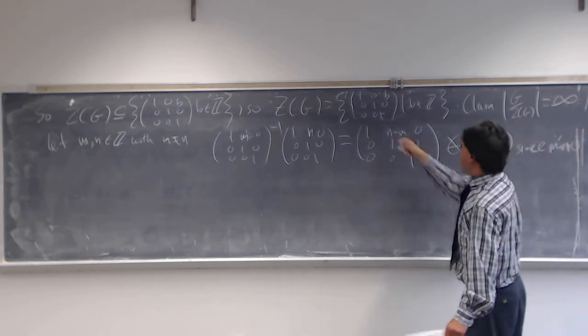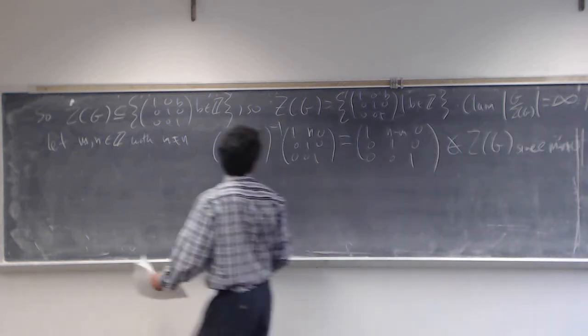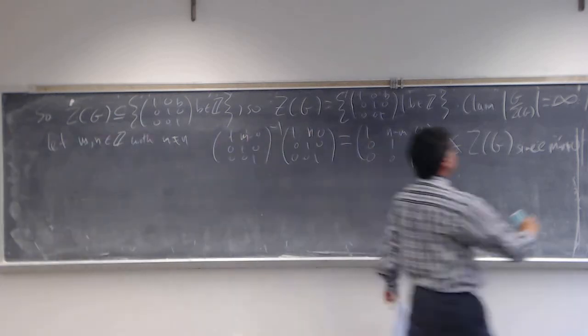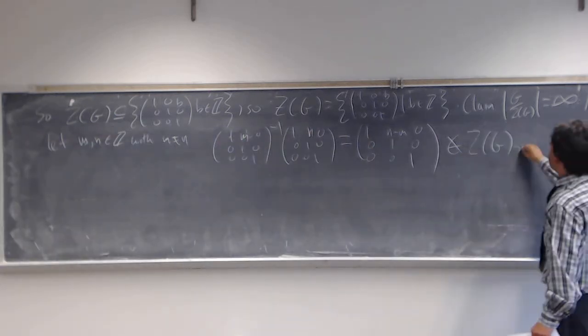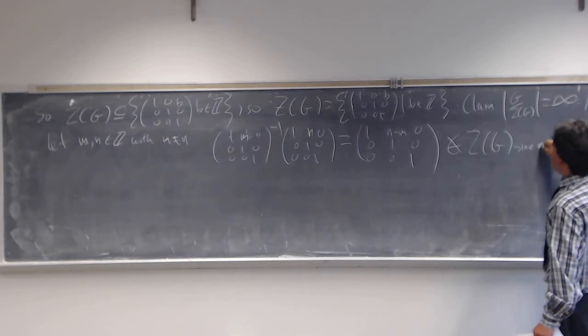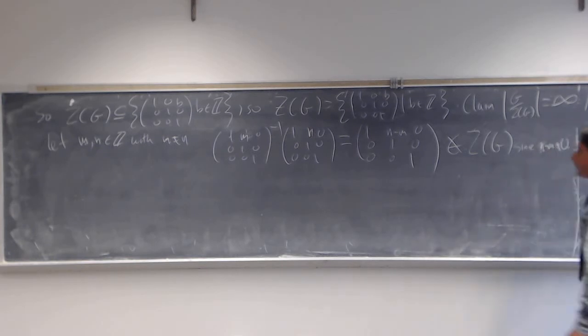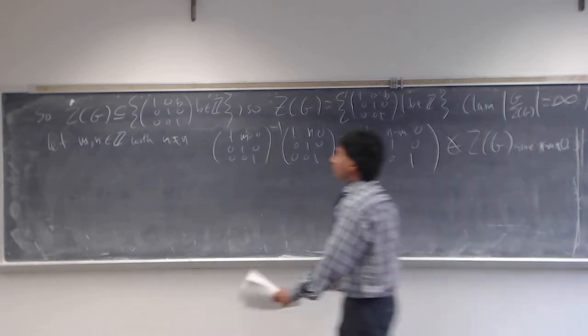Since this right here, n minus m, is not equal to 0. Remember, in the center, we have to have these two elements be equal to 0. So what does that tell us?